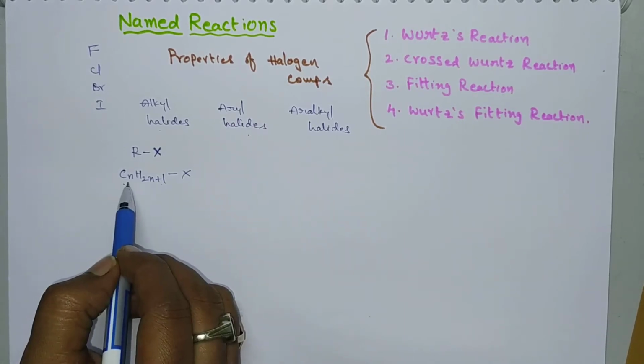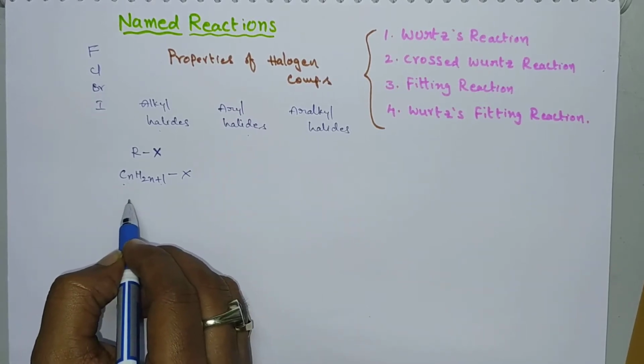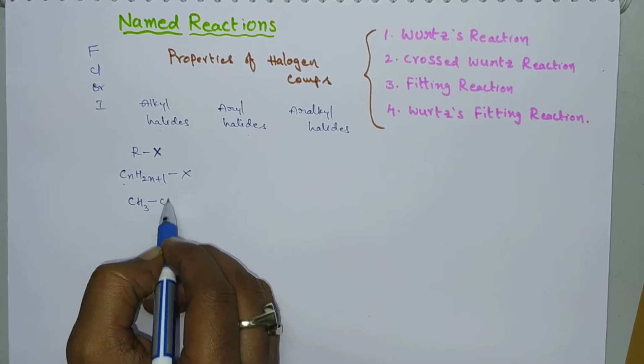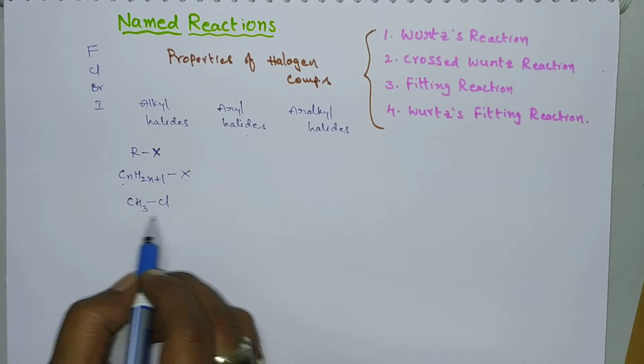If you put n equal to 1, 2, 3 and so on, you get a number of compounds. If n is equal to 1, we get CH3X, and with chlorine, CH3Cl, which is one alkyl halide.